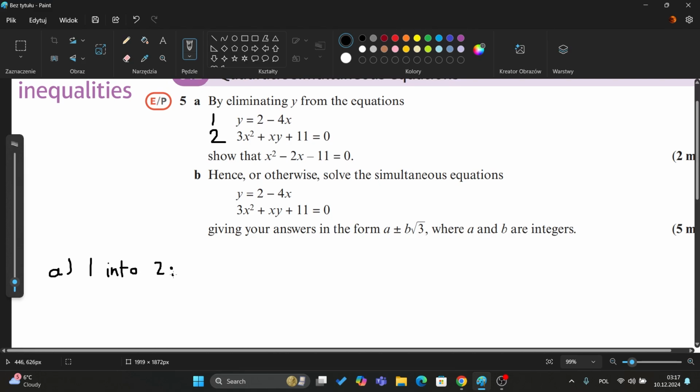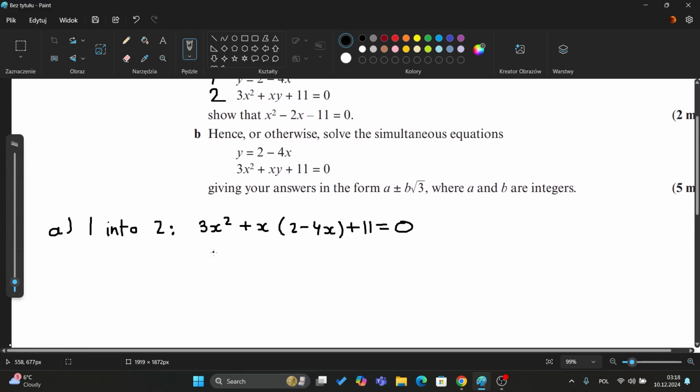So substituting the 1 into 2, we get 3x squared plus x times our y, which is 2 minus 4x, plus 11 is equal to 0. So that means that 3x squared plus 2x minus 4x squared plus 11 will equal to 0.